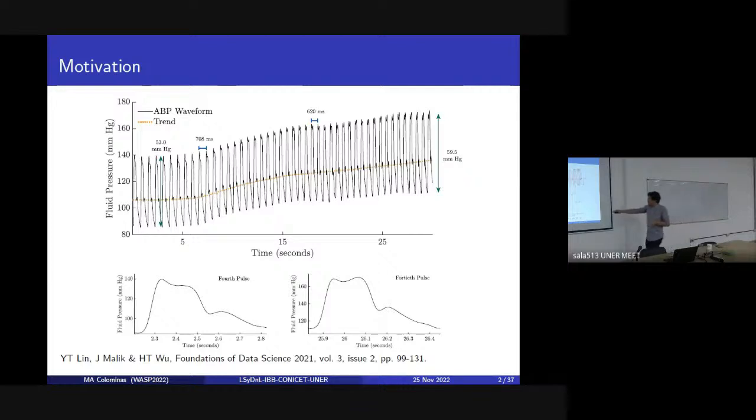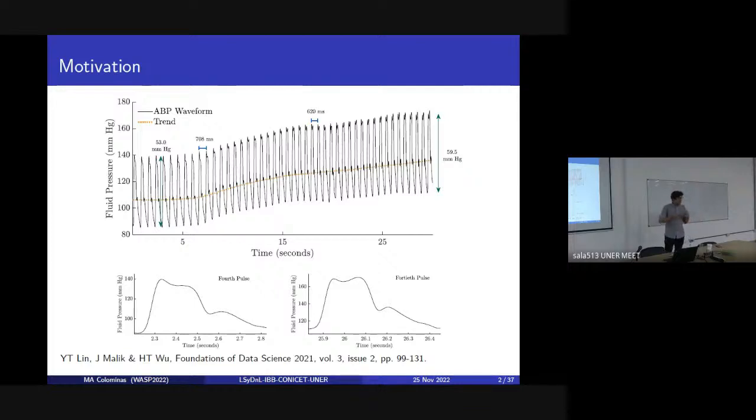Here we have the 4th pulse, and the 40th pulse. Even though they might be similar, they are actually different, and we will try to model that difference and try to explain in terms of the observation why they are different.